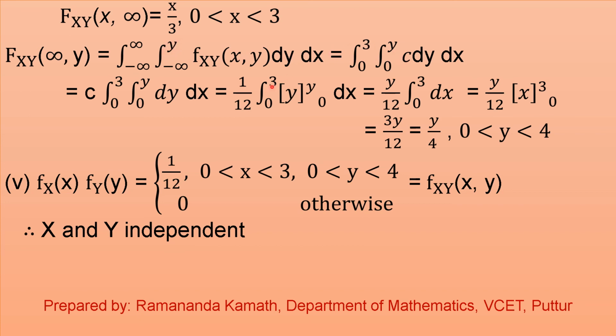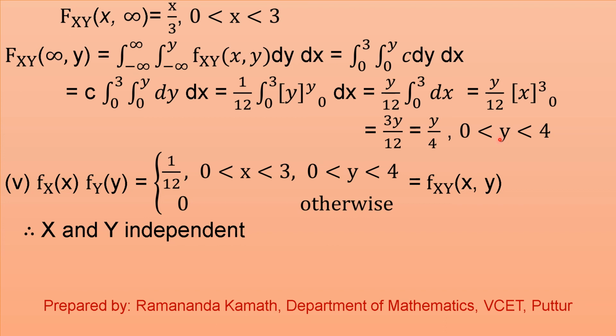C is a constant kept outside the integral sign. Integral dy is y, difference at y and 0 means y minus 0 is y. So c is 1 by 12 and this inner integral is y, so y by 12. Outer integral 0 to 3 dx is x, difference at 3 and 0 means 3 minus 0 or 3. y by 12 into 3, 3y by 12, y by 4. So this fxy of infinity comma y is y by 4.